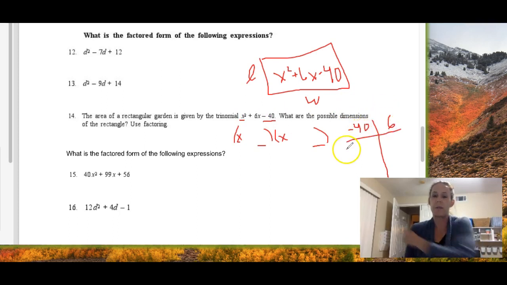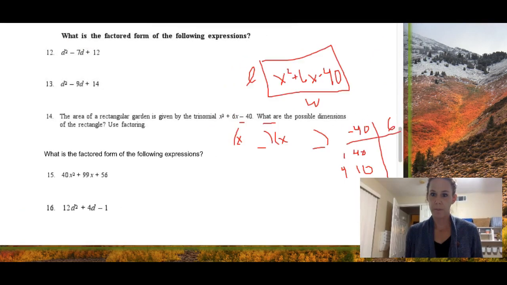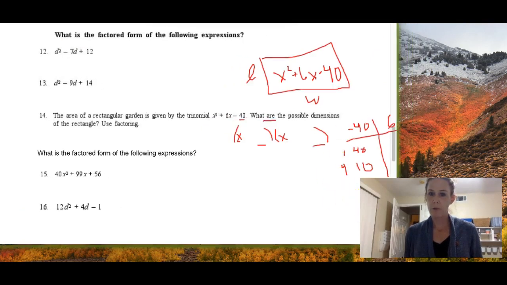So negative 40. I know I have 1 and 40. That's not going to make 6. 4 and 10, that's a possibility. 4 and 10 could be combined to make 6 depending on how I work it. How about, hold on, let's move this over.